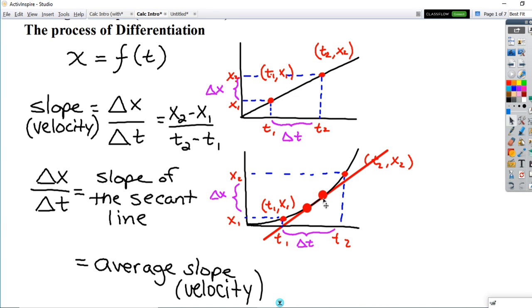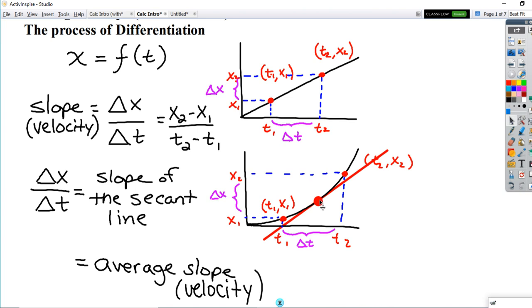So you can see that I can bring these 2 points closer and closer together, always along that curve, and I eventually find a place where the points overlap. And so that means that this line is only touching the curve at this single point. And I've reduced my time interval, delta t, to 0.